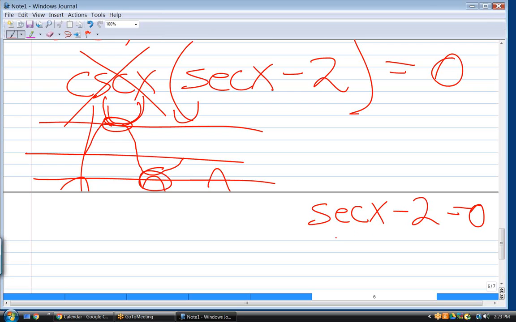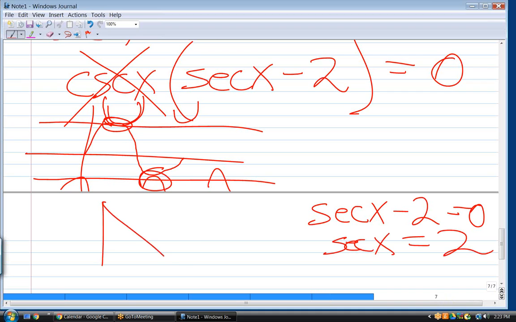But this part down here means secant x equals 2. Well, where does that occur? Where is the secant equal to 2? What triangle have I drawn here? This is a 30, 60, 90.